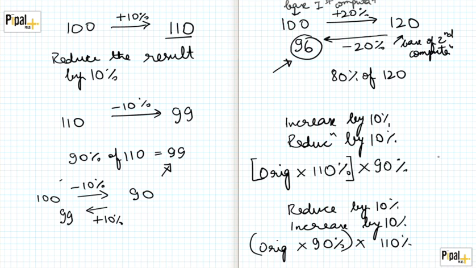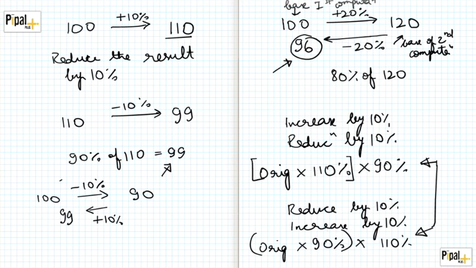So essentially this computation and this computation are exactly the same. It's just the order of my multiplication which has changed. So it doesn't matter whether you reduce something first and then increase, or increase first and then reduce.